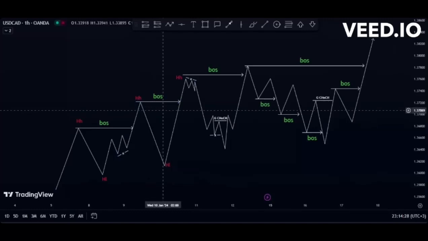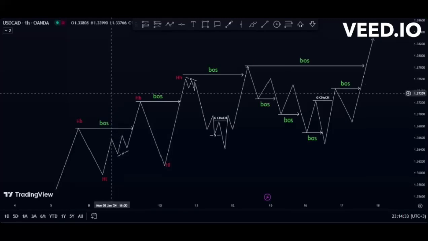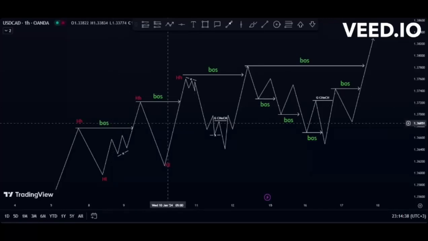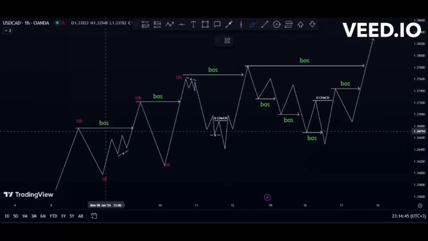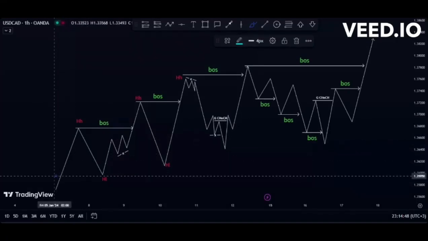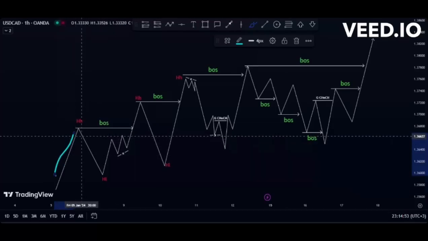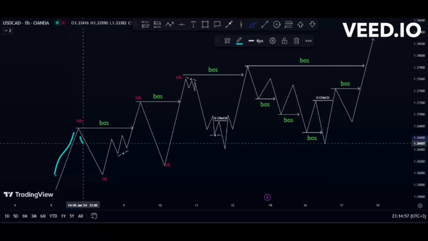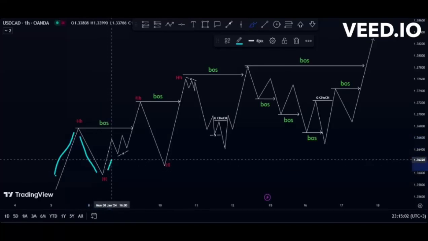The other thing you need to understand about market structure, or basically about the price, is that price moves from internal to external liquidity. Like here, for example, we had this bullish move. Then we had what we call a retracement to the downside, then we had a bullish move.